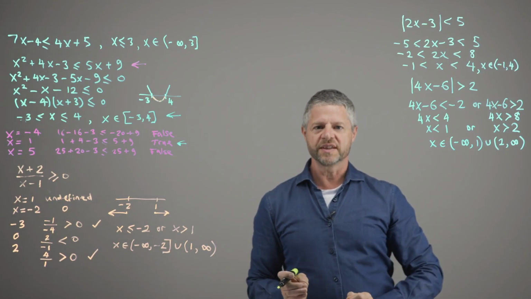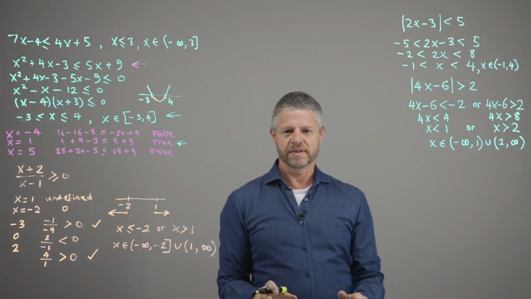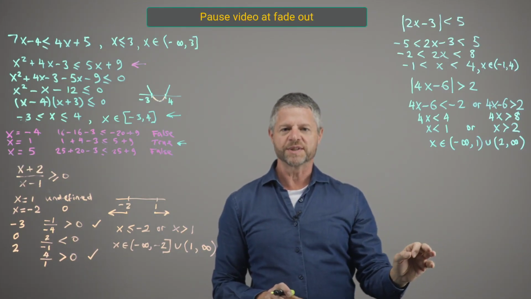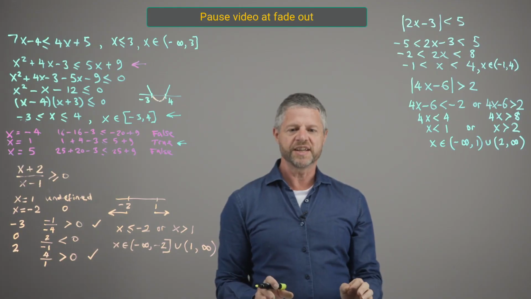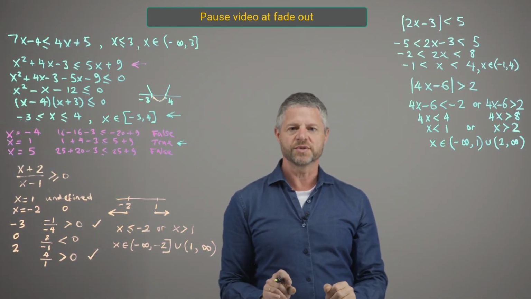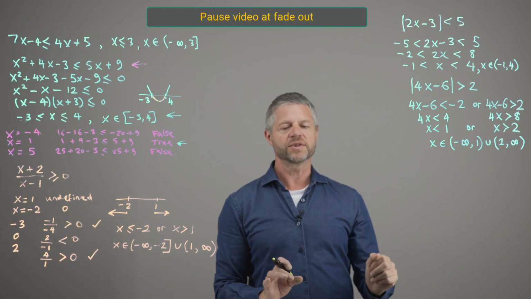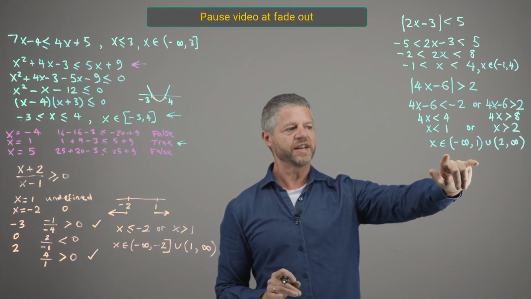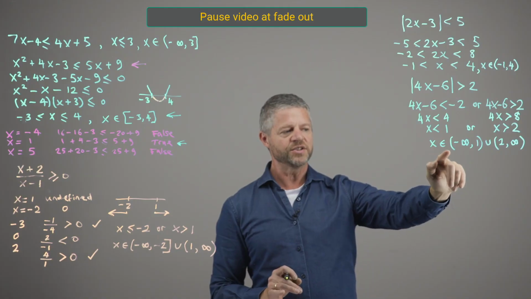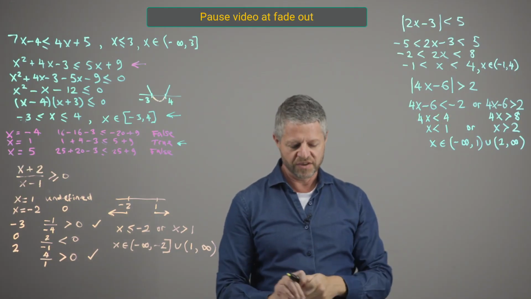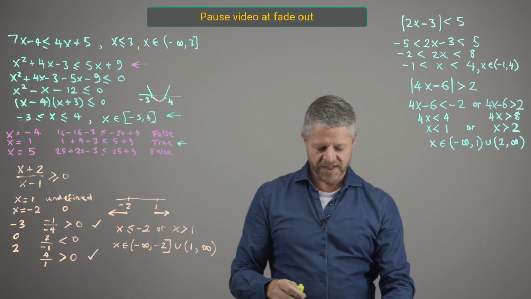So at this point in the video, I'm going to put a couple more problems up and pause the video and work through those 2 inequalities that I'll put up in a second and see if you can solve them. In other words, find values of x that will satisfy the following 2 inequalities.